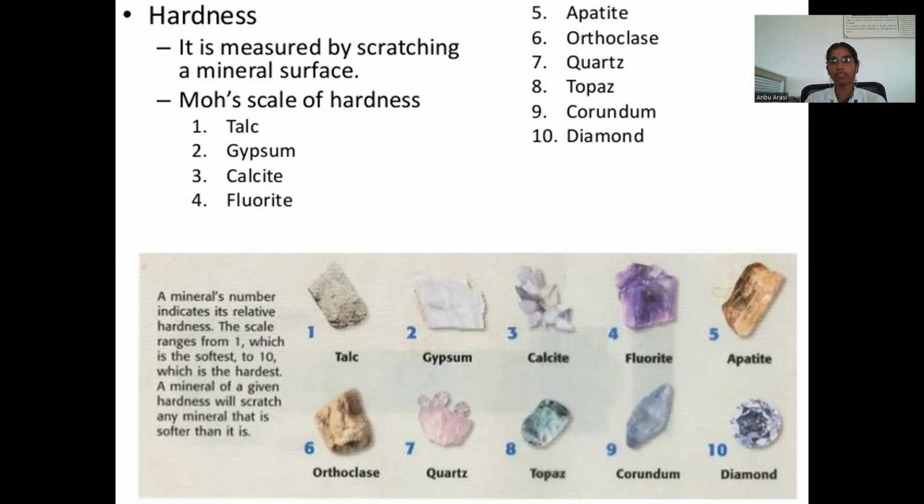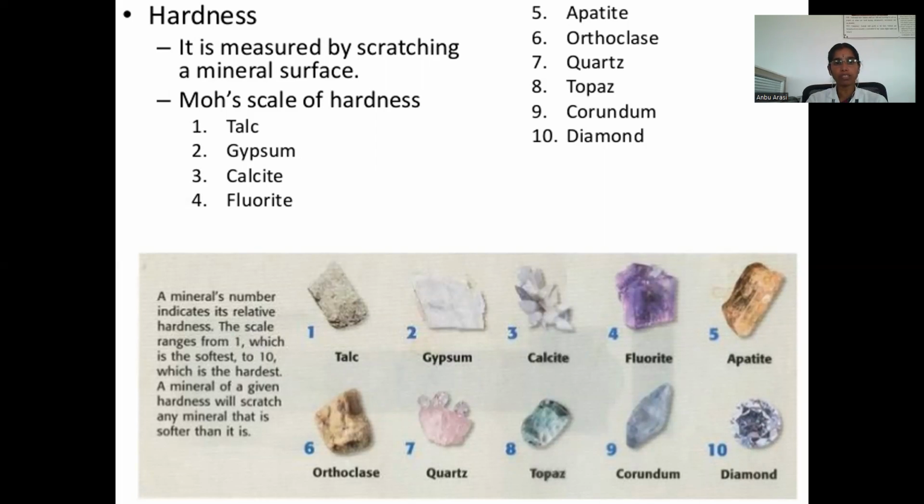First, talc number 1 and gypsum number 2, calcite 3, fluorite 4, apatite 5, feldspar or orthoclase 6, quartz 7, topaz 8, corundum 9, diamond 10.